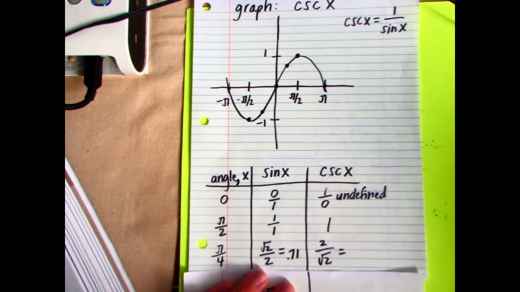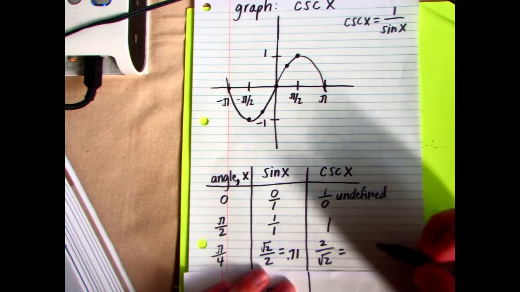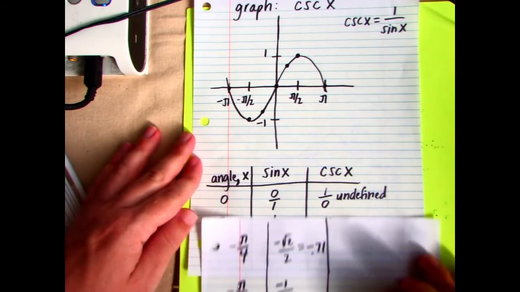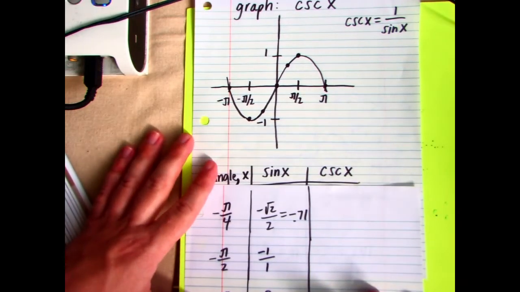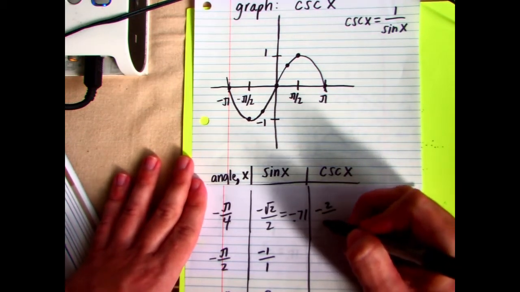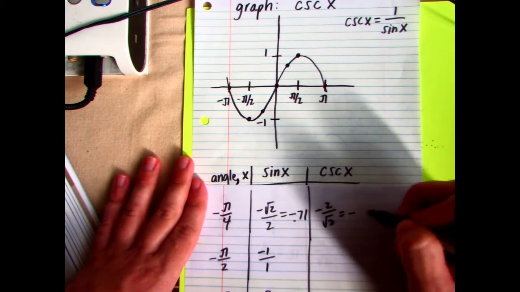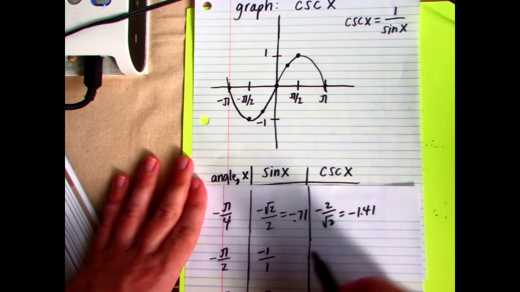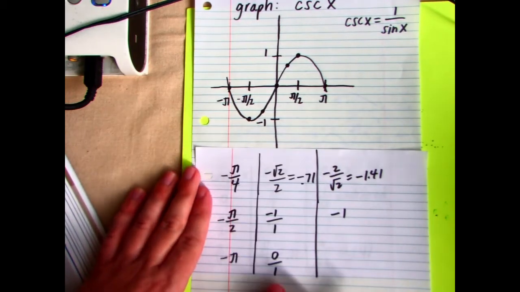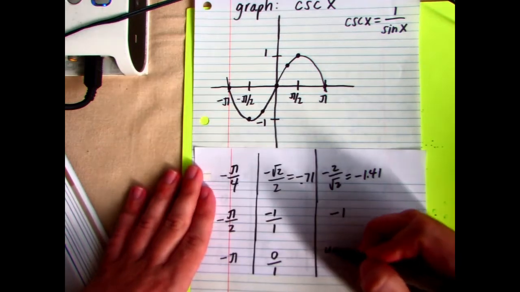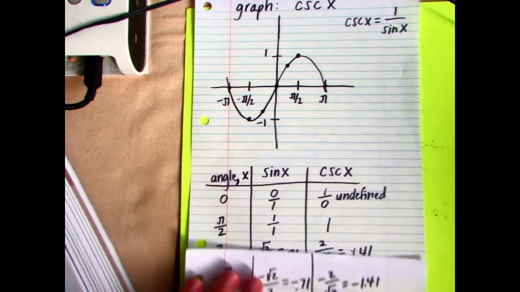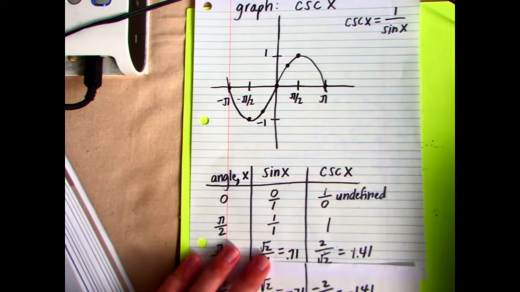For our pi over 4 angle, it's 2 over root 2, which is approximately 1.41. So same thing with cosecant of negative pi over 4, that's going to be negative 2 over root 2, which is negative 1.41. When the angle is negative pi over 2, it's negative 1. And when the angle is negative pi, another undefined, right? We'll have 1 over 0 or undefined.